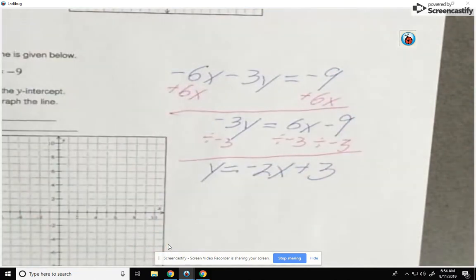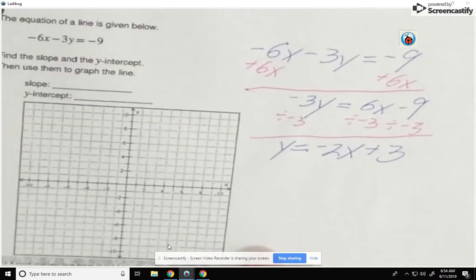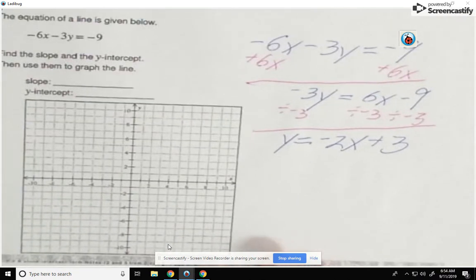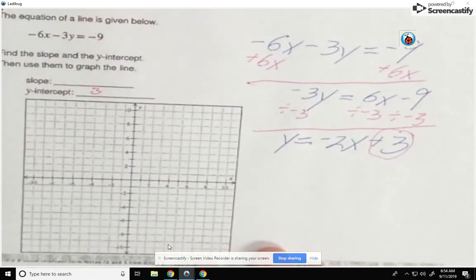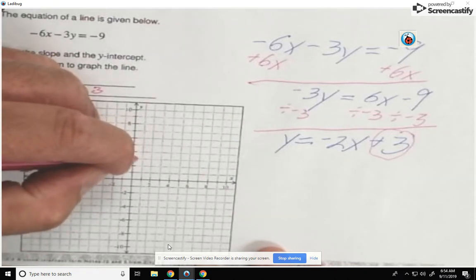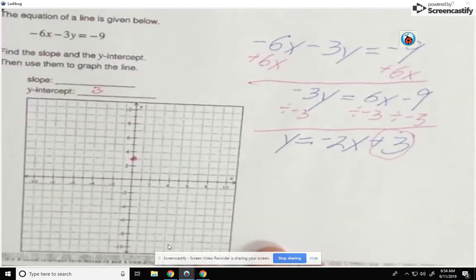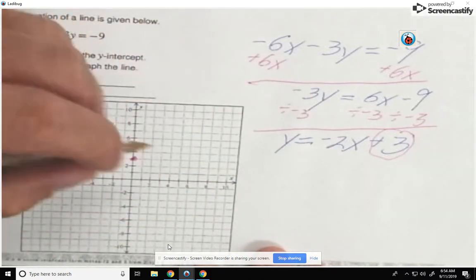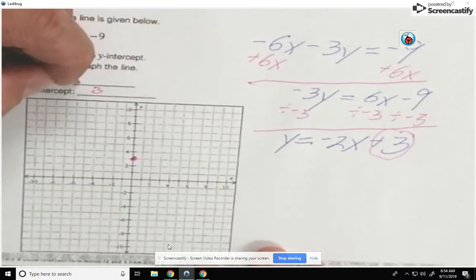Okay, so to graph it, we start with our y-intercept of 3. So we go to 3 on the y-axis and we put a point. Our slope is the negative 2.